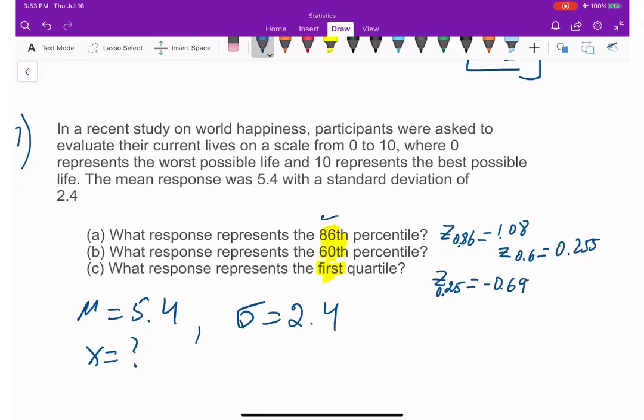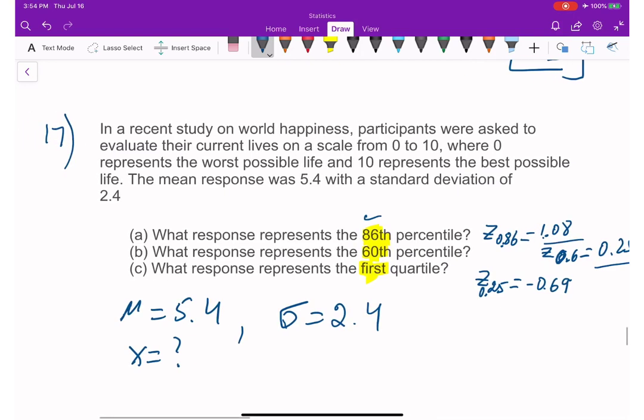Because 25% is less than 50%, the z-score is negative. 60%, or 0.6, is greater than 50%, therefore the z-score is positive. The 86%, which is 0.86, is greater than 50%, therefore it is positive.